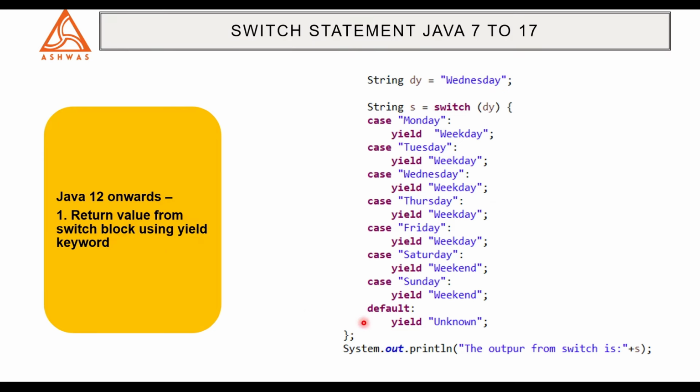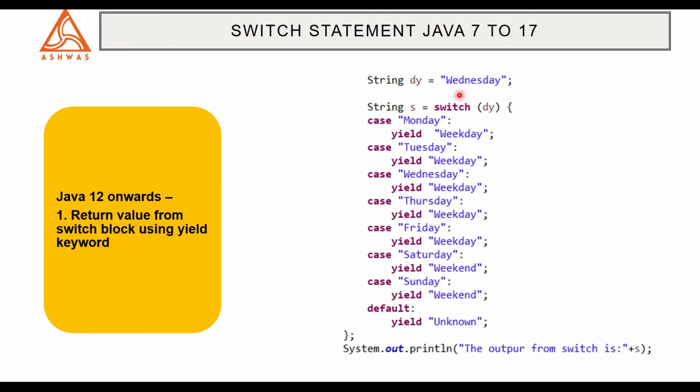When we say exhaustive, it has to put all the possible matching cases that it can, and it has to have a default case in case no matching case is found. If you forget to put default, you will get a compilation error saying switch expression is not exhaustive. So this is one more thing that we need to remember when we use switch as an expression.